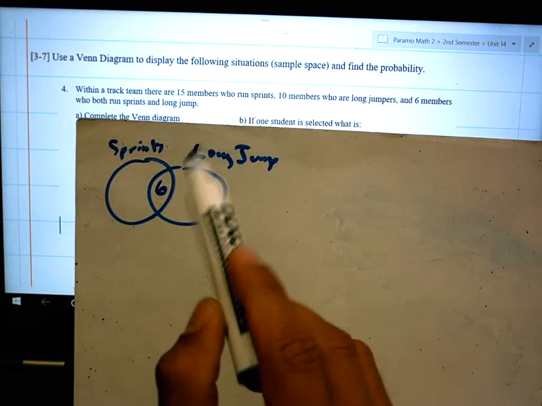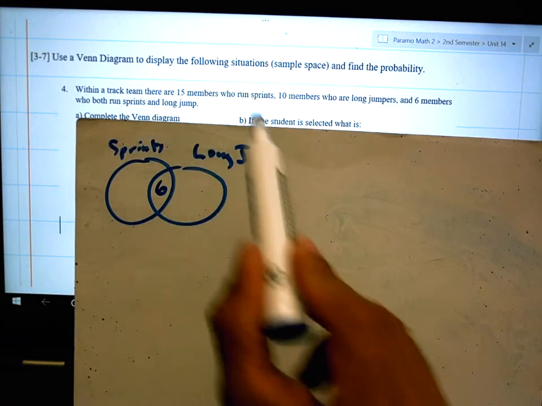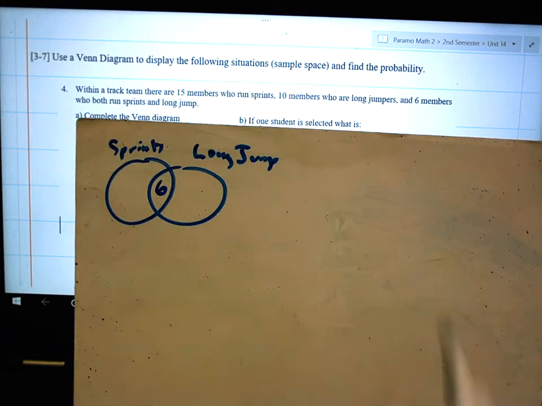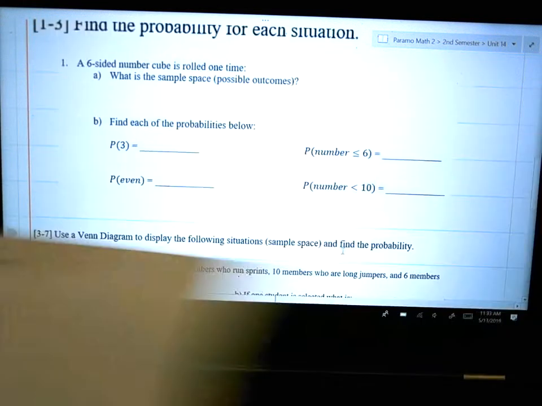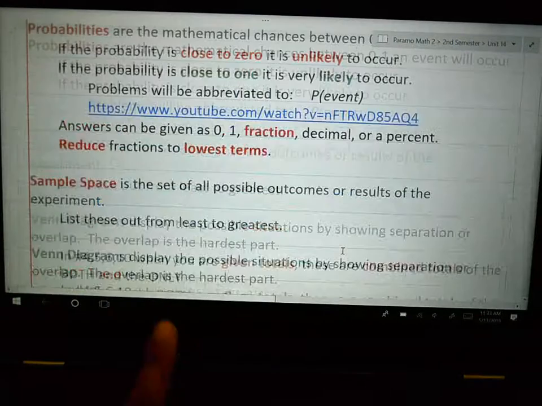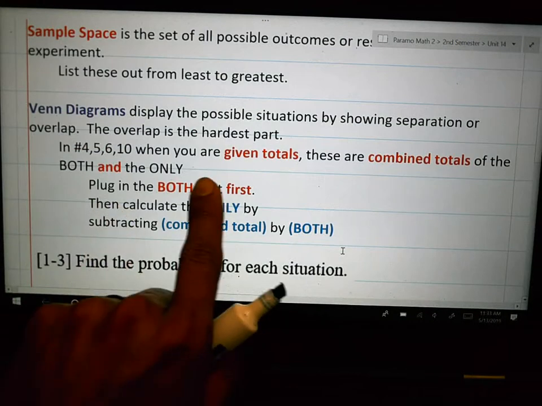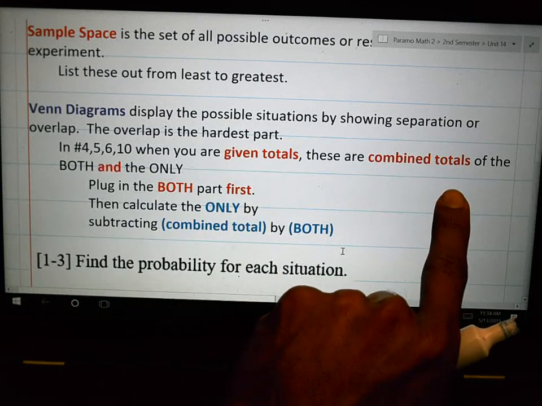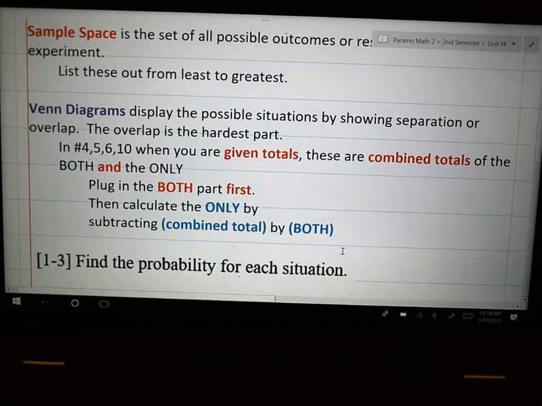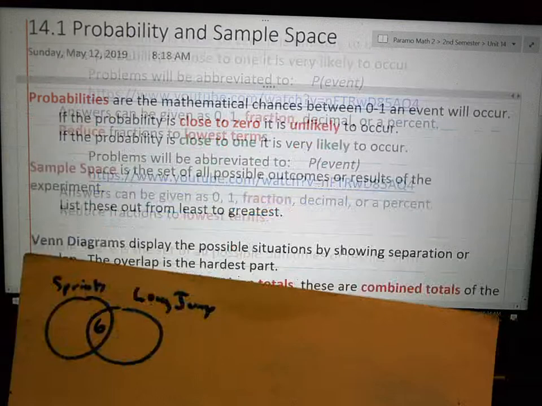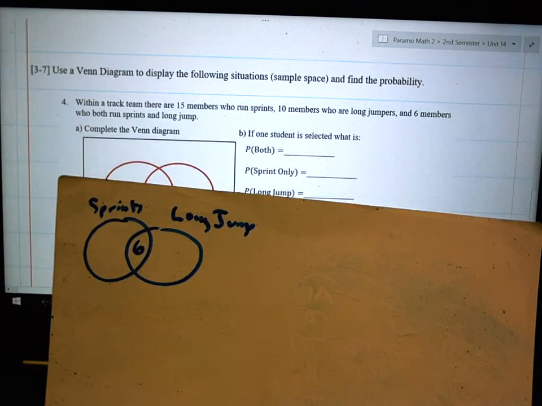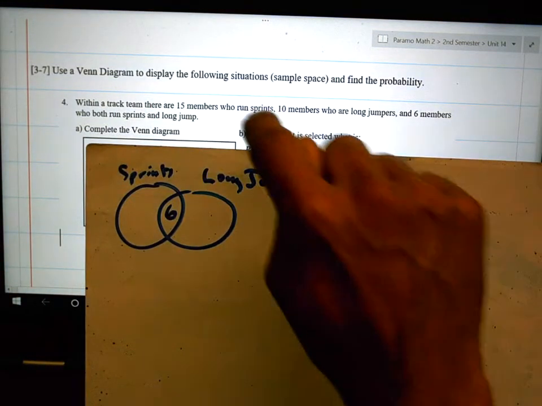When they give you the 15 who run sprints and the 10 members who are long jumpers, those are combined totals. That is the reason why in your notes I mentioned this. You are given totals. These are combined totals of the both and the only. Well, what does that mean? That means this. 15 members who do sprints.